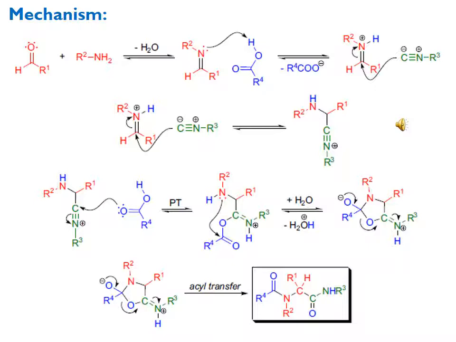And this 5-membered cyclic ring, after some bond formation, that is, there is a double bond formation between carbon and oxygen, and the oxygen carbon bond is broken, which moves towards the isocyanide carbon, making their carbon oxygen double bond, and the carbon nitrogen double bond of isocyanide moiety has been reduced into a single bond, and we get the final product after this acyl transfer from the carbon of isocyanide moiety to the nitrogen of amine, and we get the alpha acyl amino carboxamide product.